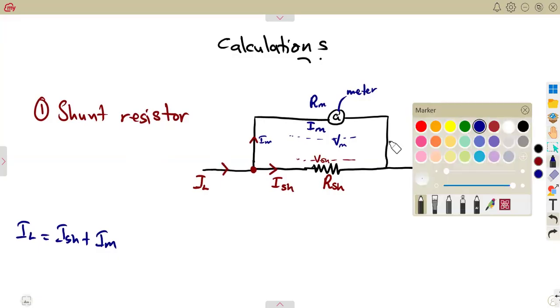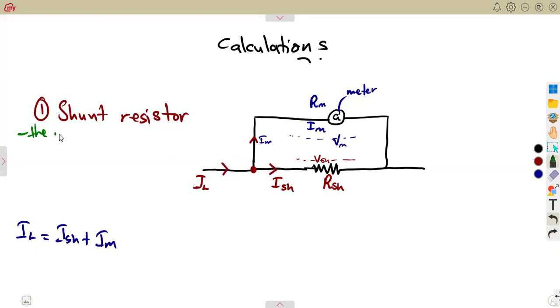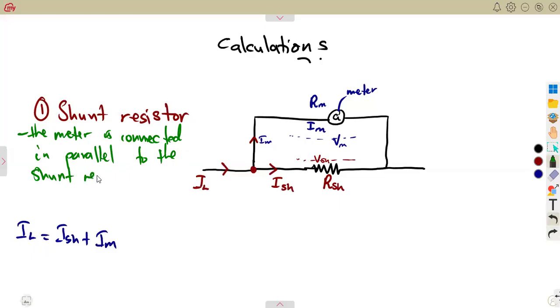That is the major part. You are simply referring to the meter being connected in parallel to the shunt resistor. As we can see, we are talking about the shunt resistor.